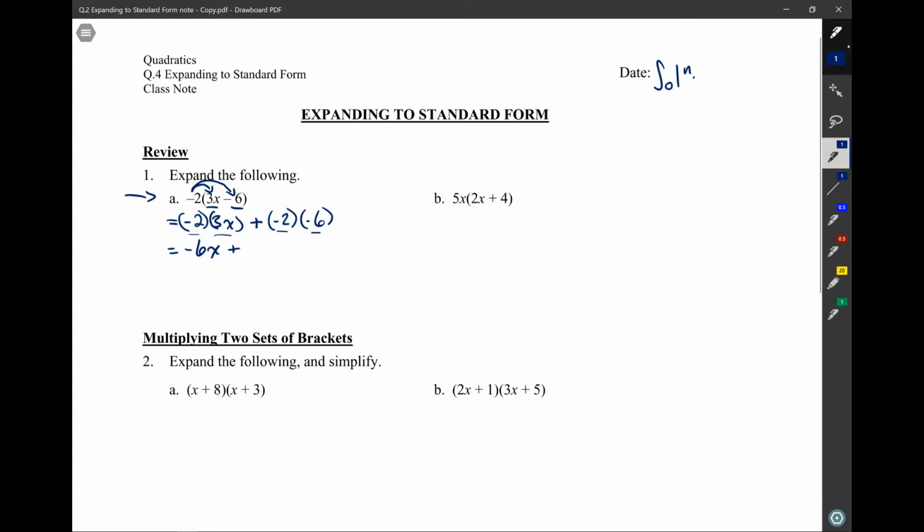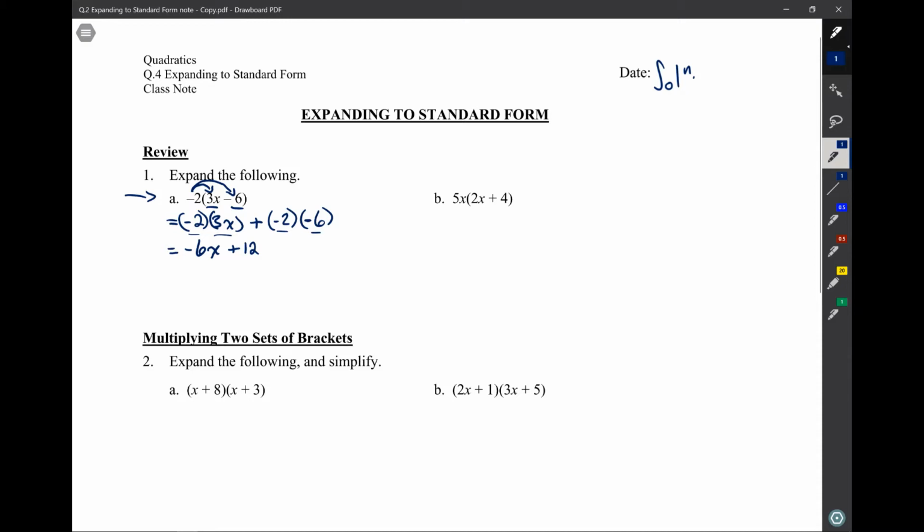Well, a negative times a negative is a positive, so -2 times -6 equals +12. So we're finished here. How we've expanded -2 into this set of brackets is we multiplied it by the first term and then multiplied it by the second term.